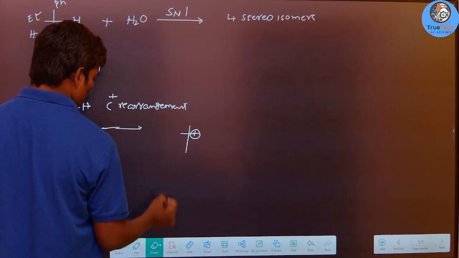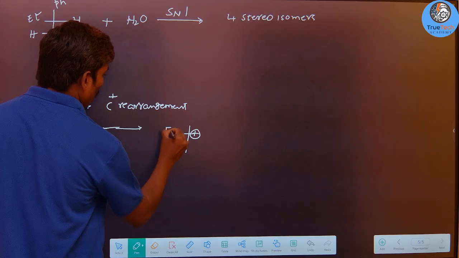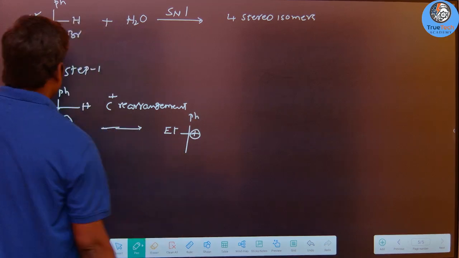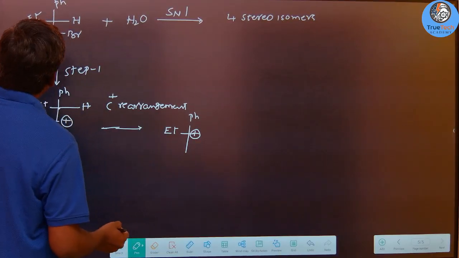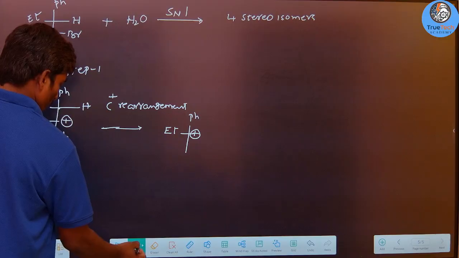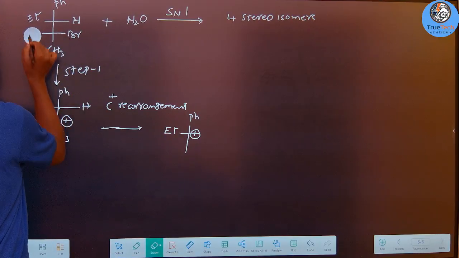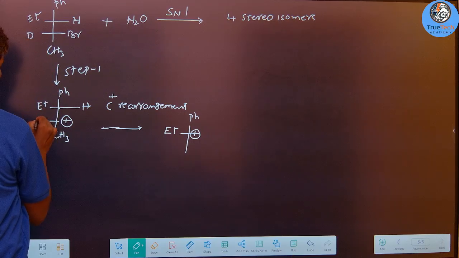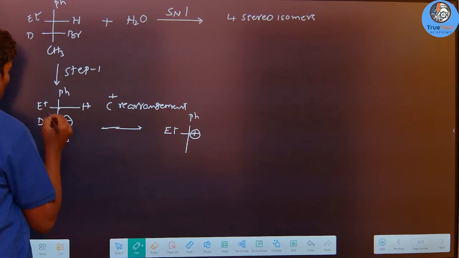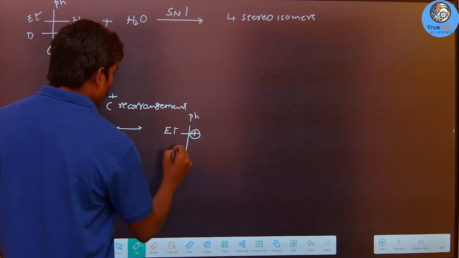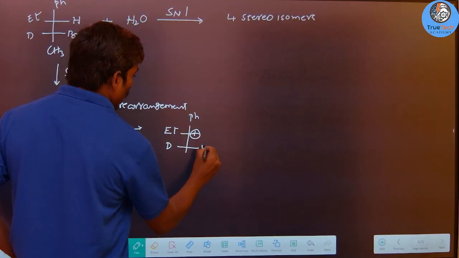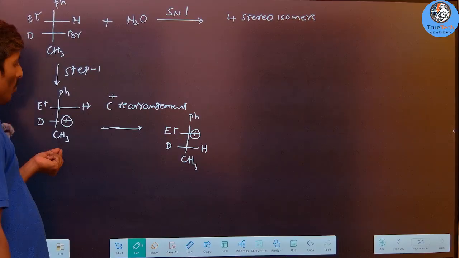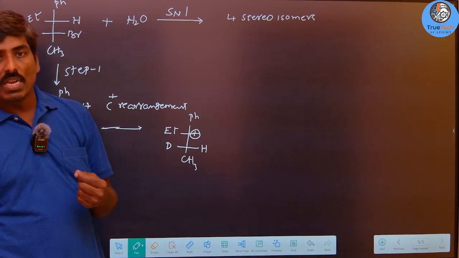For our example, I want to change one small thing. I am placing a different group, as per our example, so here you are going to get deuterium, hydrogen, methyl. So this is how carbocation rearrangement increases the stability of the carbocation.